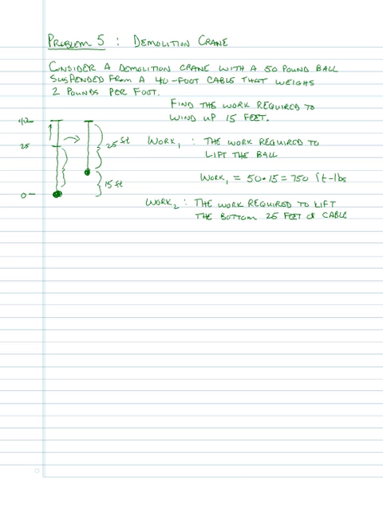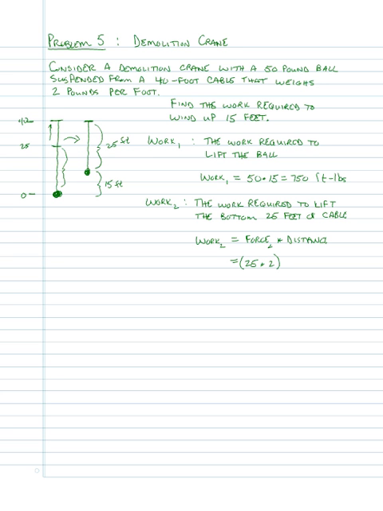Well, so in this case, that work is going to be the weight of the cable. Okay, the force, which is the weight, times the distance. Well, in this case, there's 25 feet of cable, and it weighs 2 pounds per foot.